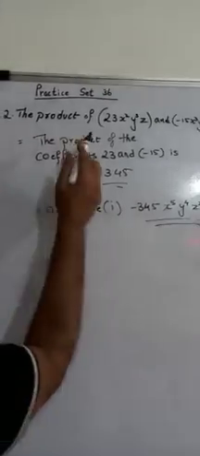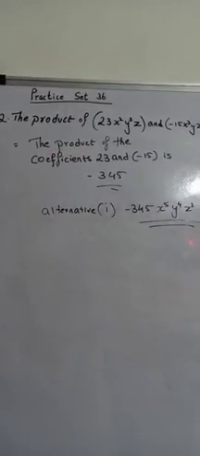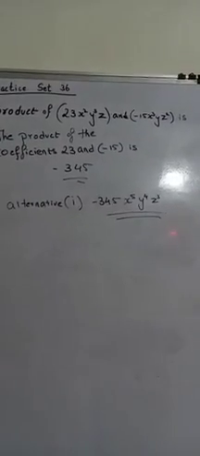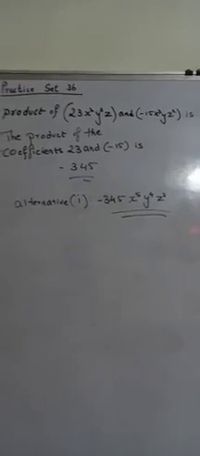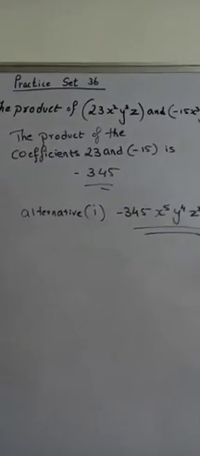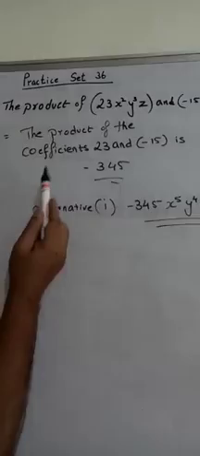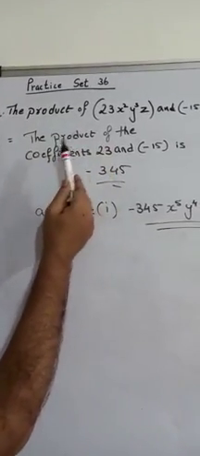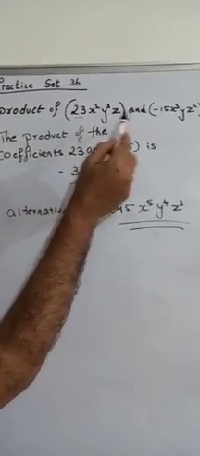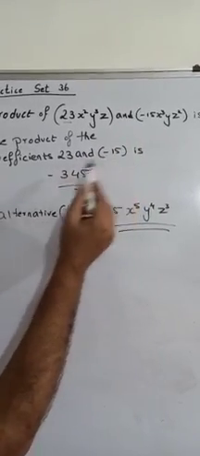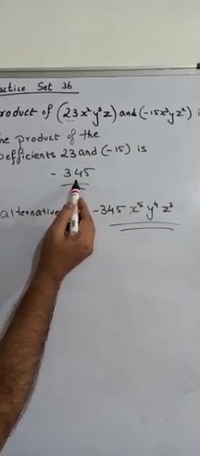The second sum: the product of 23x square y cube z and minus 15x cube y z square is. They are given four options, but we'll find how to do this now. The product of the coefficients: what are the coefficients? 23 and minus 15, that comes up to minus 345.